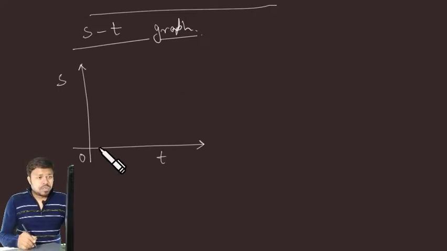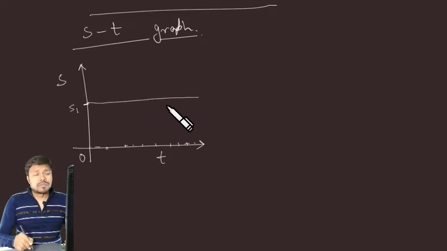If this is the positive axis and this is negative, then whatever interval of time we go here or there, the body remains at the same position. So if it was at position 0, then it would always be at 0, and it would look like a straight line along the time axis. If it was somewhere here, let's say at position S1, then it would always remain at the same level forever.